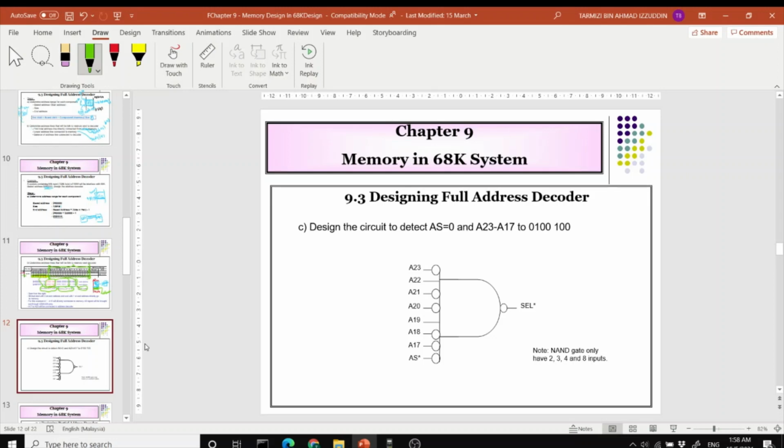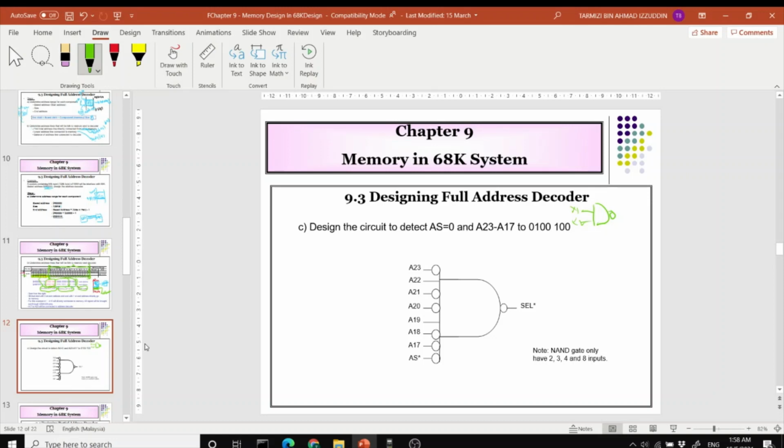Okay, so if you remember NAND gate, NAND gate looks like this. This is just a simplification for you, X1 and X2.